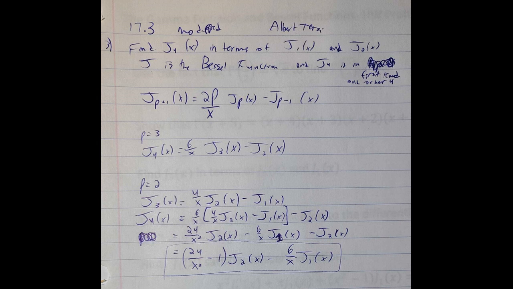Then when we distribute it, we get 24 over x squared J2(x) minus 6 over x J1(x), that's the distribution, minus J2(x), which is always outside of the brackets. Then we get J4(x) equals parentheses 24 over x squared minus 1, J2(x) minus 6 over x J1(x). So that is our Bessel function J4(x) in terms of J1(x) and J2(x).